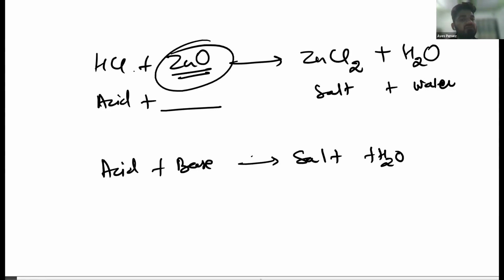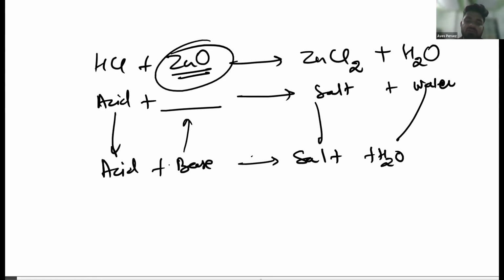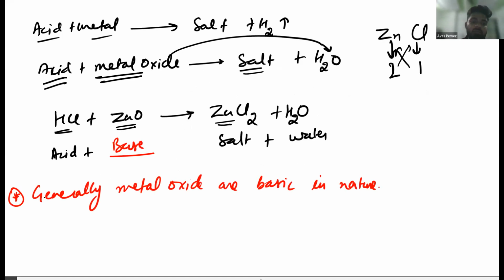Will it be acidic or basic? Compare: acid, salt, water, so it must be a base. We are not saying every metal oxide, but generally, metal oxides are basic in nature. Note down the whole thing.